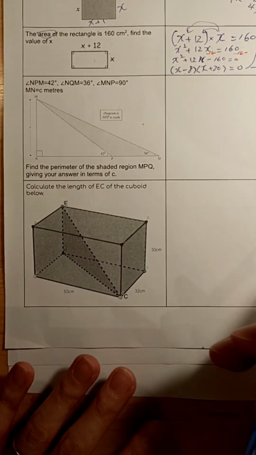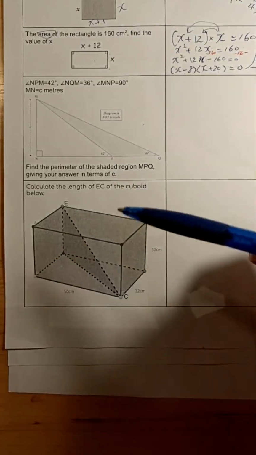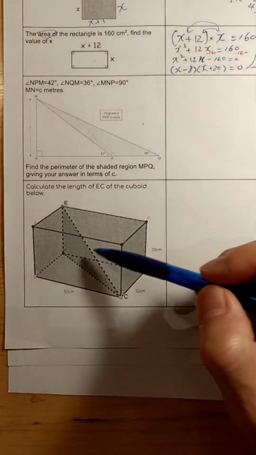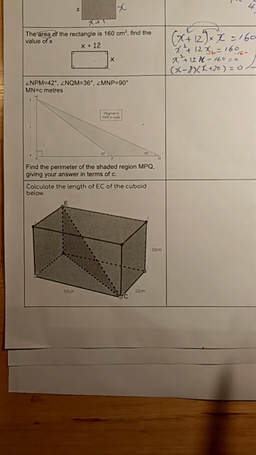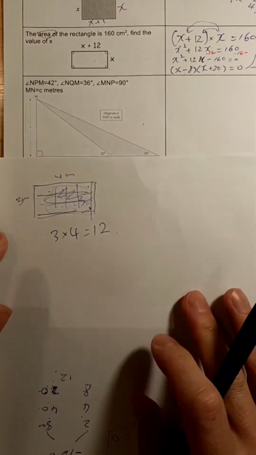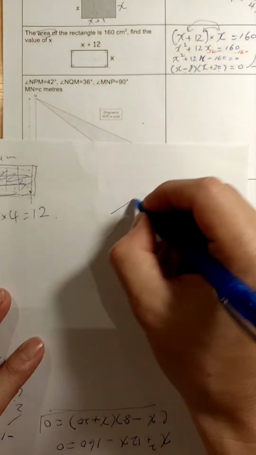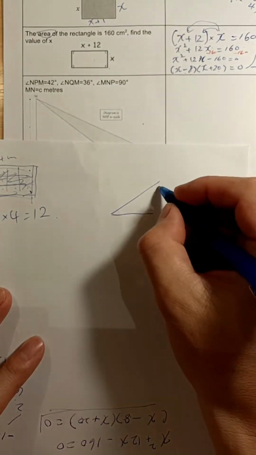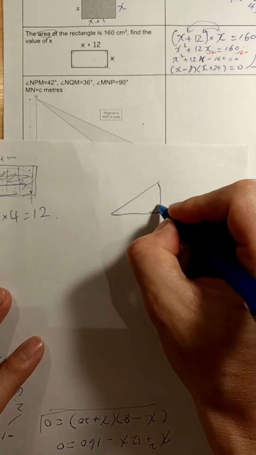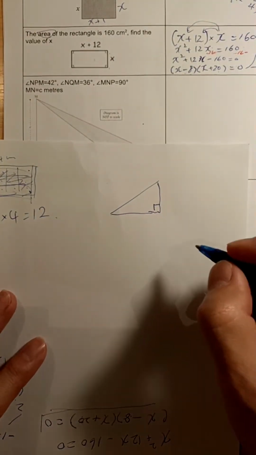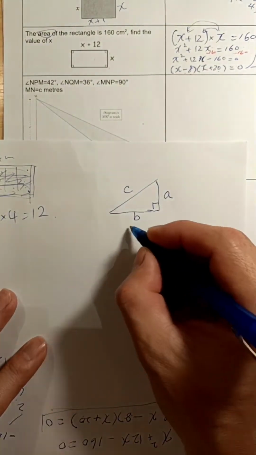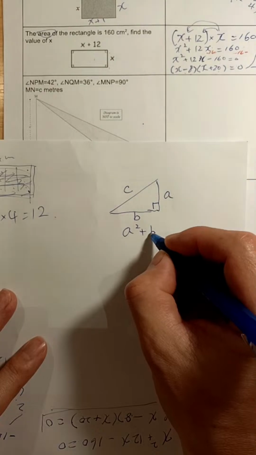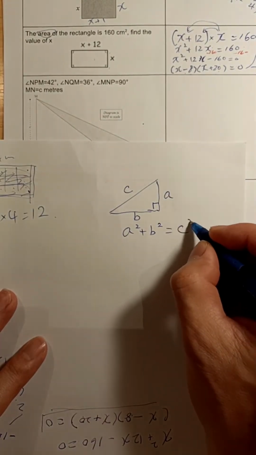Okay, this one is a typical 3D shape Pythagoras question. Okay, do you remember what Pythagoras is? Pythagoras is if you see a right angle triangle, and this is A, this is B, and the longest side is C, then A squared plus B squared equals C squared.